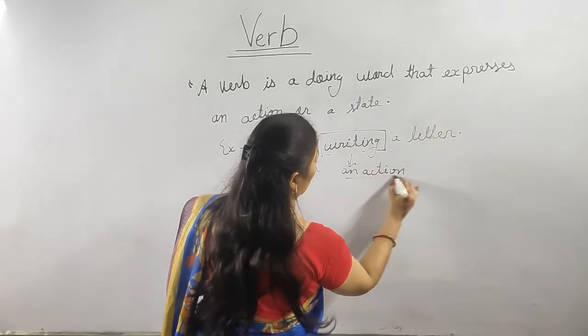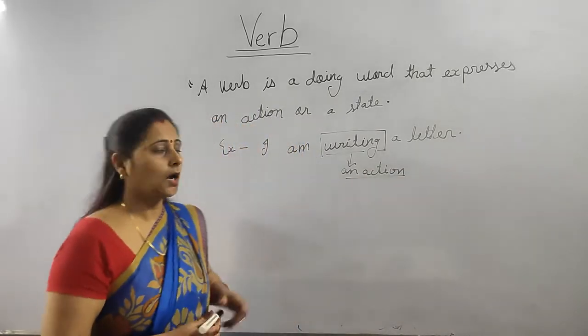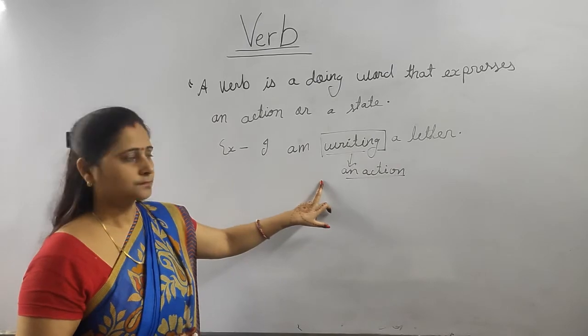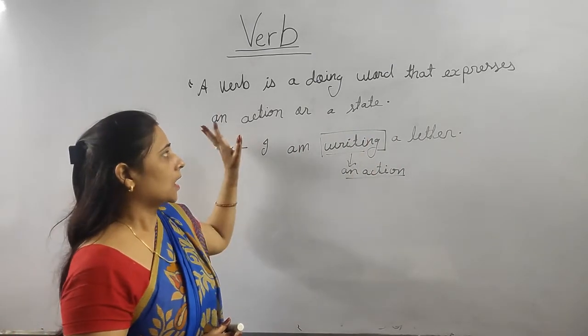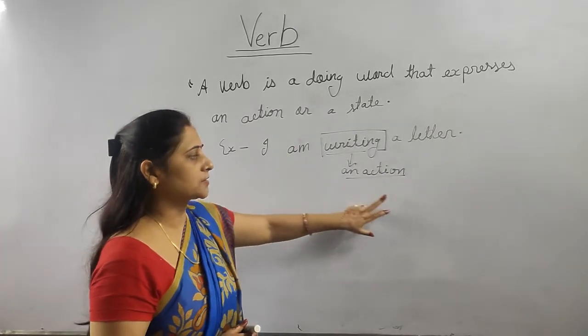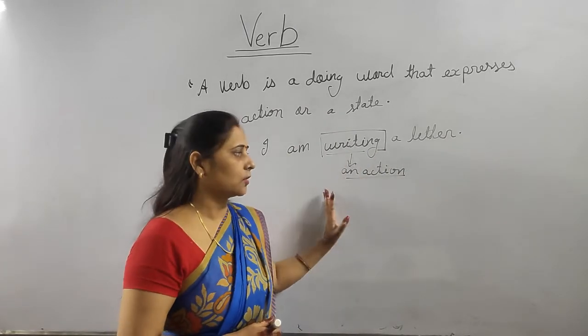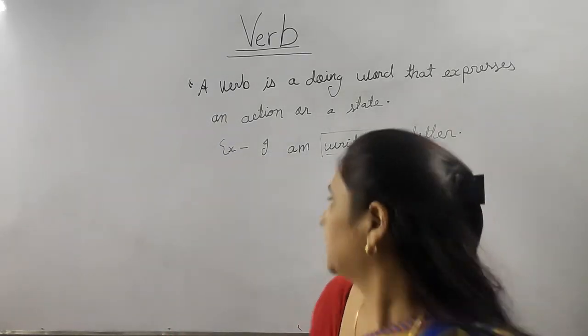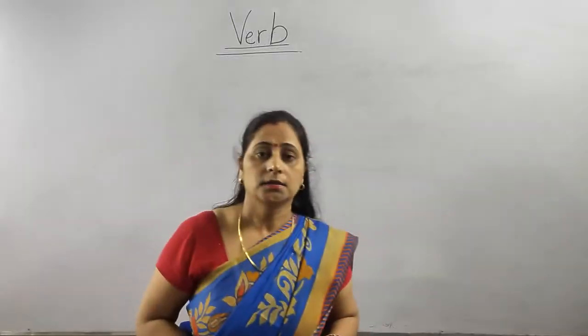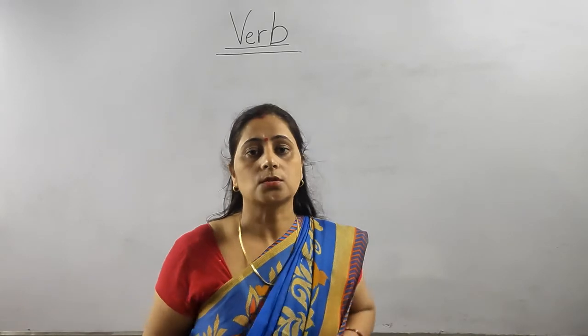So in this way, this is a verb. I hope this is clear. A verb is an action. Doing verb is called an action. Now I will tell you the kinds of verb.